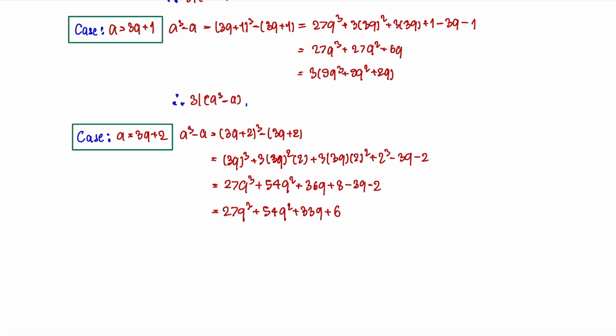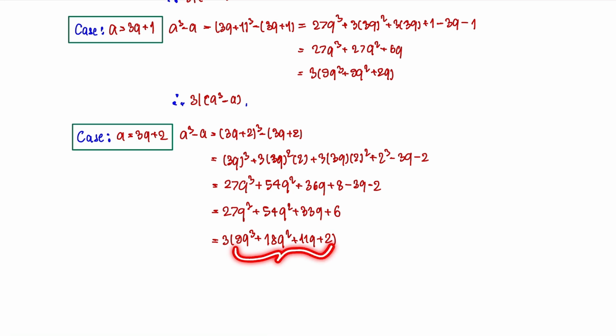Then what do we have? Factorize out the number 3. It turns out to be 3 times (9q cubed plus 18q squared plus 11q plus 2).